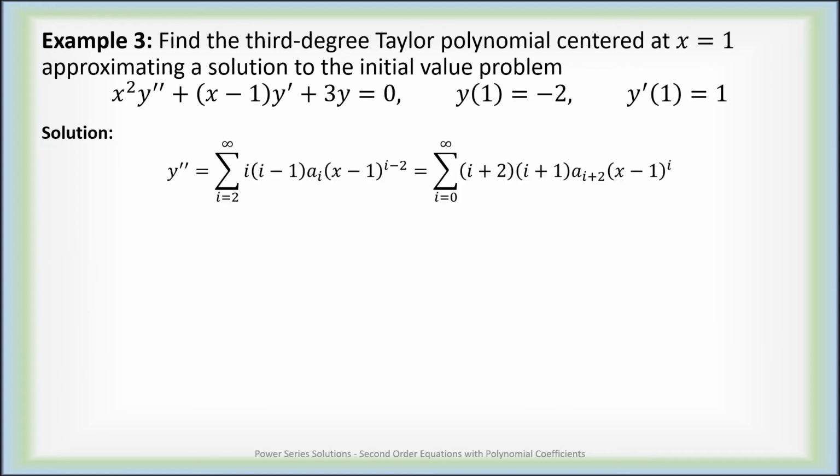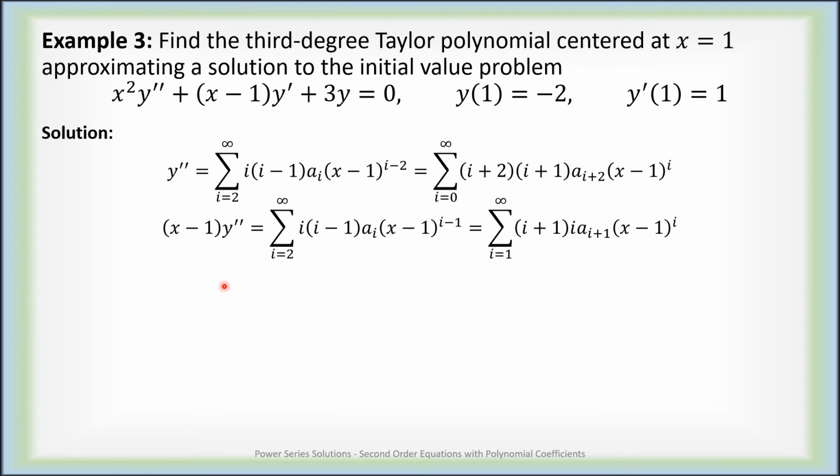So y double prime can generically be computed as this. If I re-index it directly, by bringing this power up by 2, I can start this at 0 instead of at 2, but I need to increase these appearances of I correspondingly. So here is a power series for y double prime. It can be multiplied by x minus 1 quite easily.